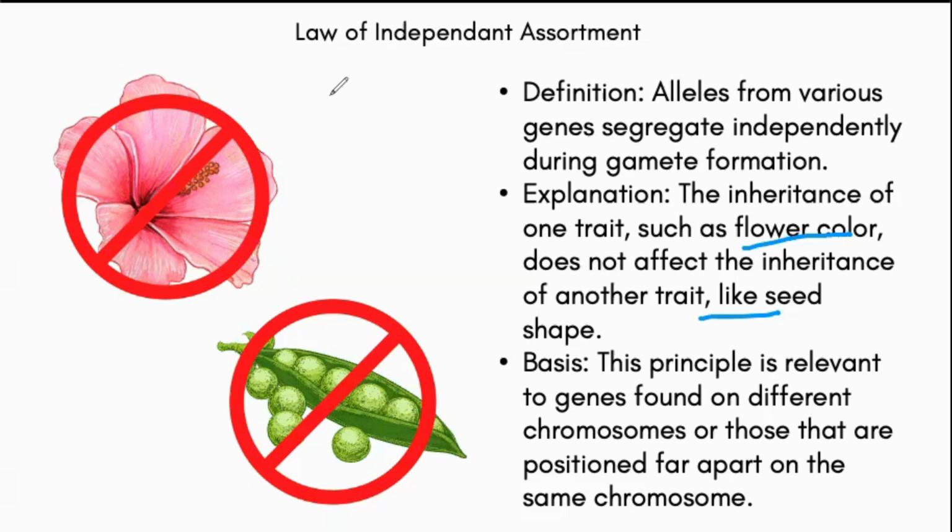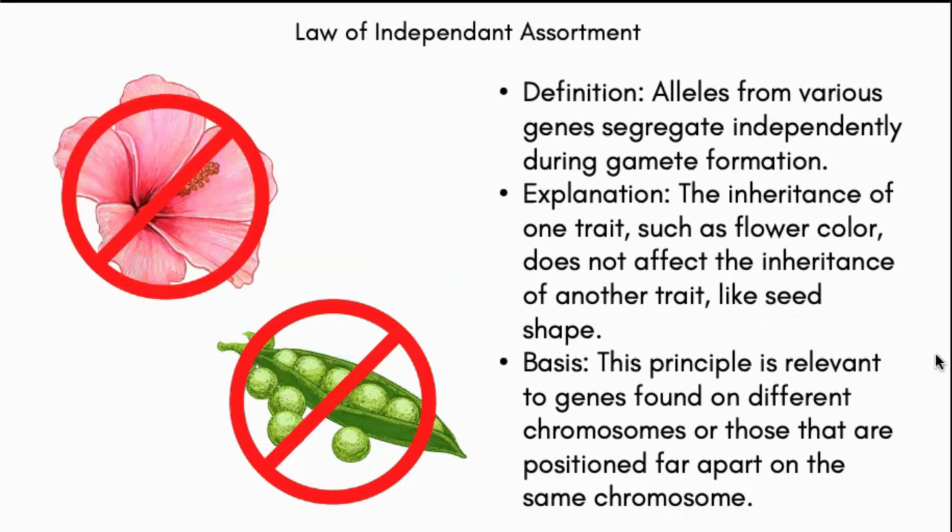So, for example, in some cases for flower color, say it's pink, and we know the flower is pink. We know that in some cases, due to the law of independent assortment, pink color does not affect something like pea plant color or pea plant shape, even though they're from the same plant. So the law of independent assortment says we have these genes, and oftentimes, this is not always the case, they are going to be unique and unrelated to one another.